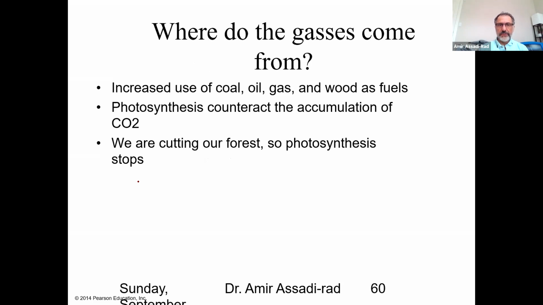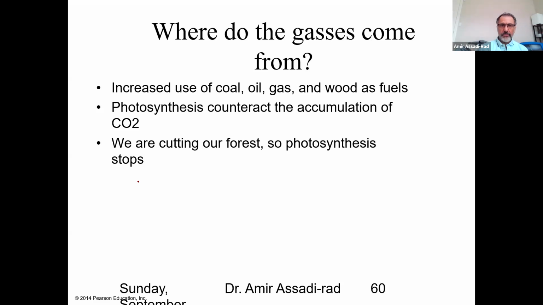With the increased use of fossil fuels and gas, photosynthesis counteracts the accumulation of carbon dioxide in the air. But we are cutting forests, we are doing a double whammy. We are putting too much carbon dioxide into the Earth's atmosphere, and also we are cutting trees, the trees that counteract this accumulation of carbon dioxide.